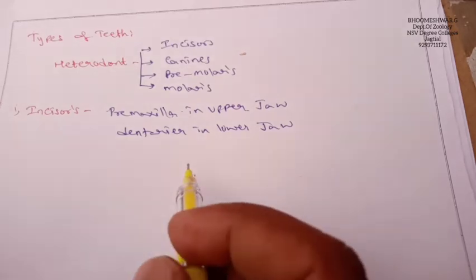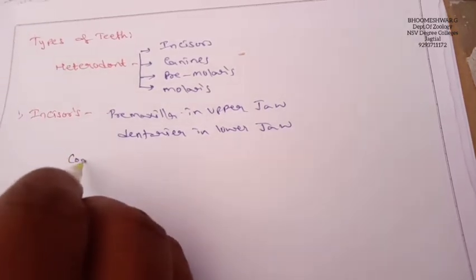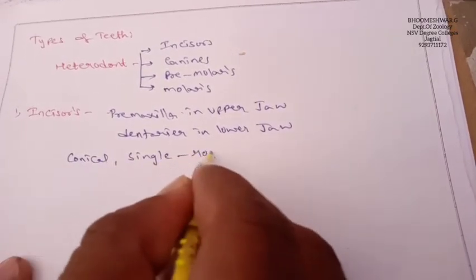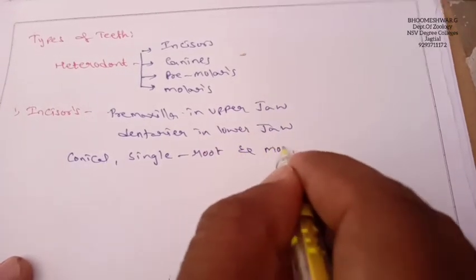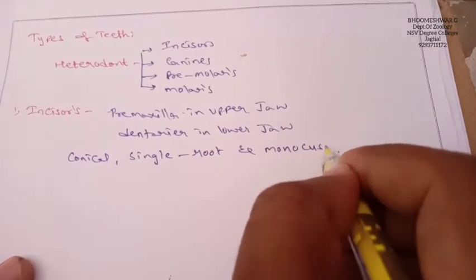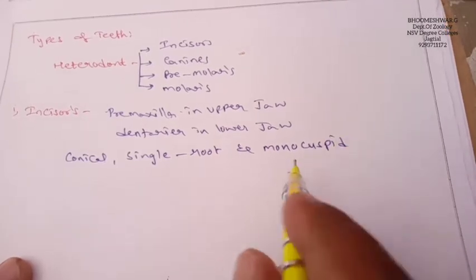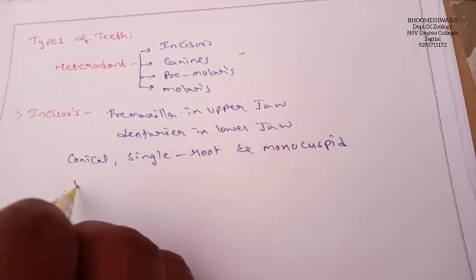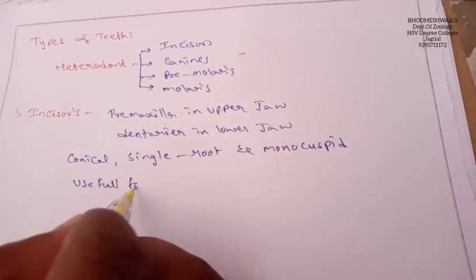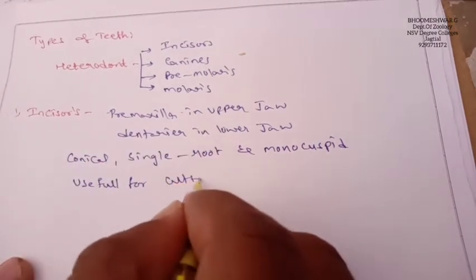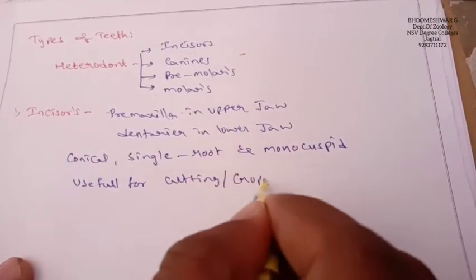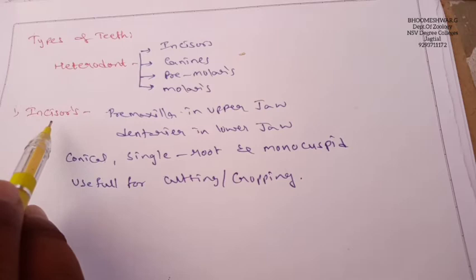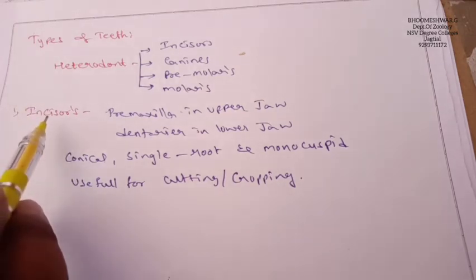These incisors are conical in shape and have a single root, and they also have one cusp, so they are termed monocuspid teeth. These monocuspid teeth are useful mainly for cutting and cropping of food material, which is done by the first type of heterodont teeth, called incisors.